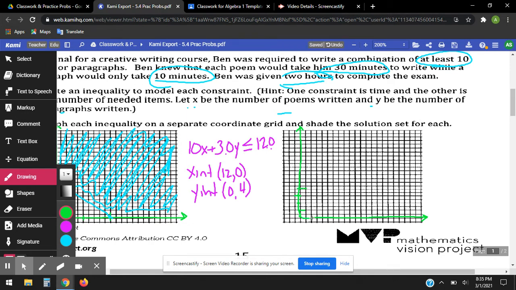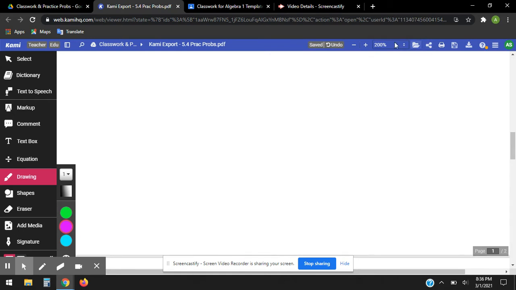And on this one we'll just count 1, 2, 3, 4, 5, 6, 7, 8, 9, 10, 11, 12. So here I need to go to 0, 4, and over here, I need to go to 12, 0, and connect them. In this case, it is less than or equal to, so I want the space underneath. Next page. Zoom back out.